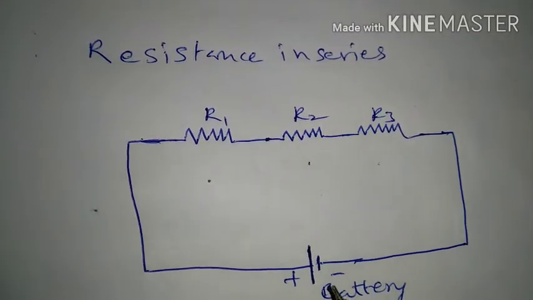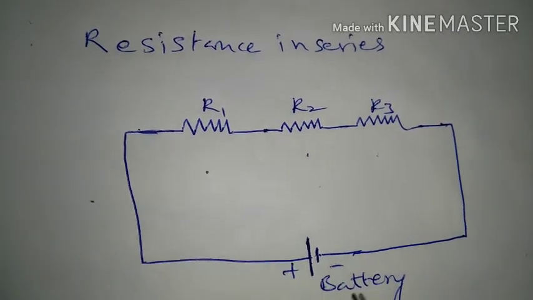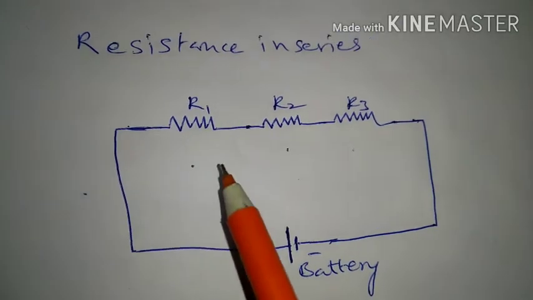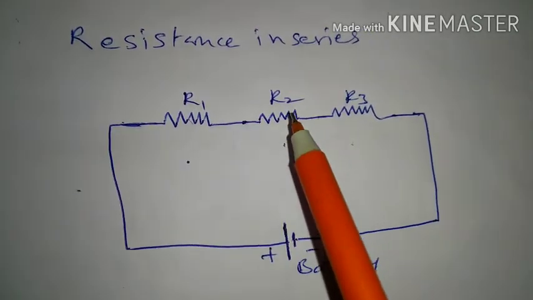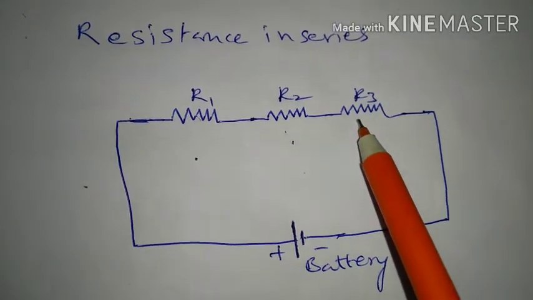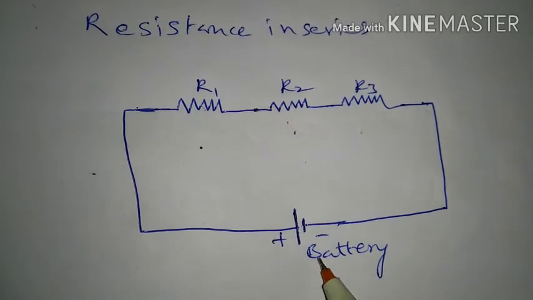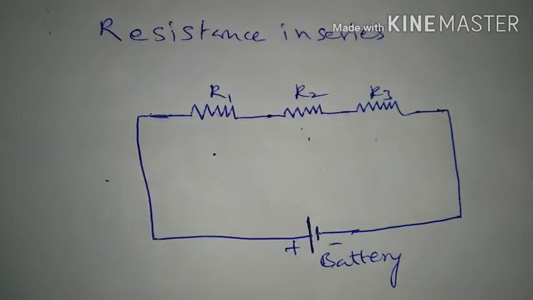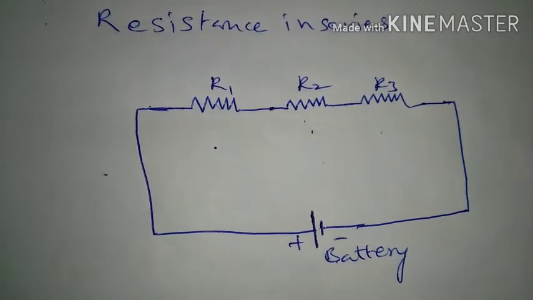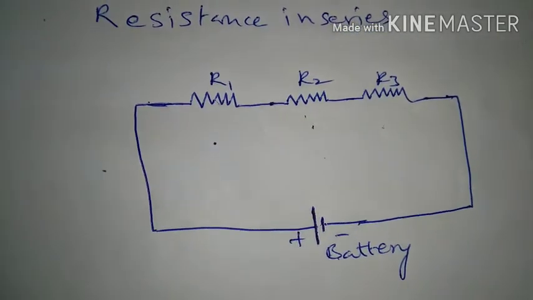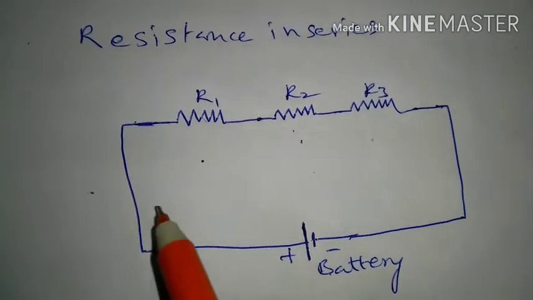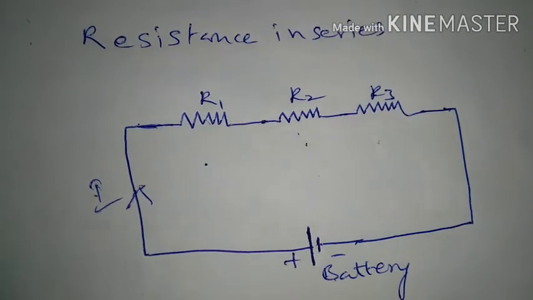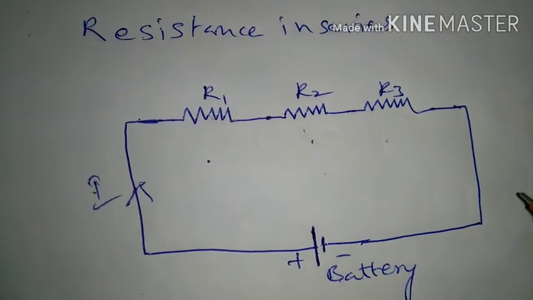Figure shows the series combination of three resistors having resistance R1, R2 and R3. A battery is connected across this combination. In this combination, the same current I is flowing through each resistor.